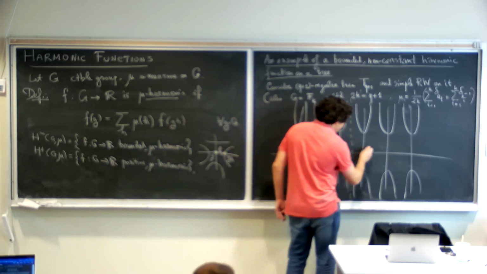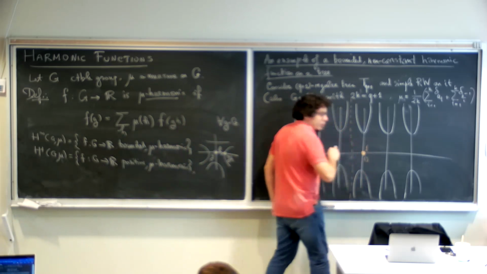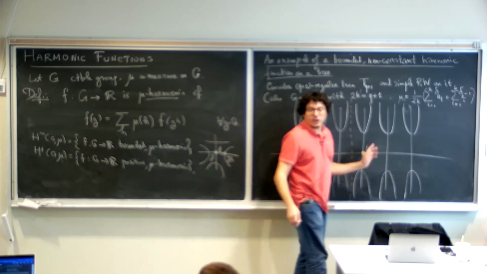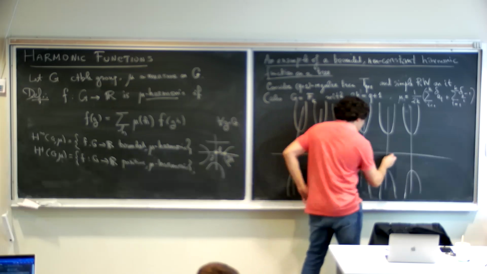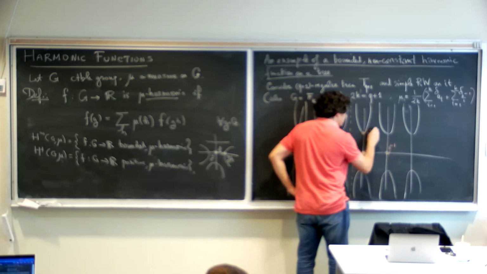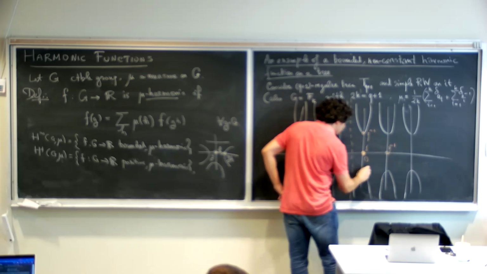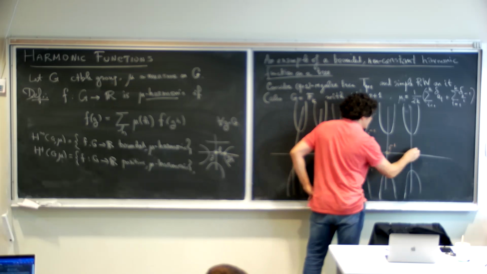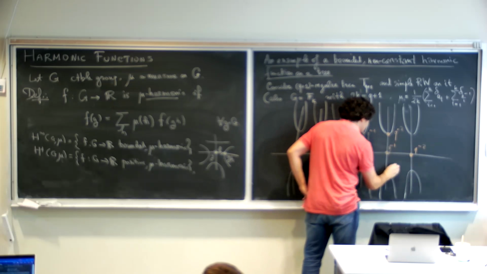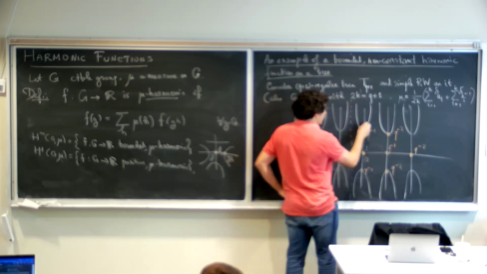The trick is, okay, we define the function to be 1 at the origin, and then we go down exponentially at each step. So this one would be q to the minus 1, q to the minus 1, and this one would be q to the minus 2, q to the minus 2, q to the minus 2, and so forth.